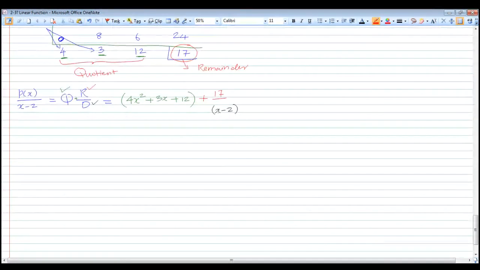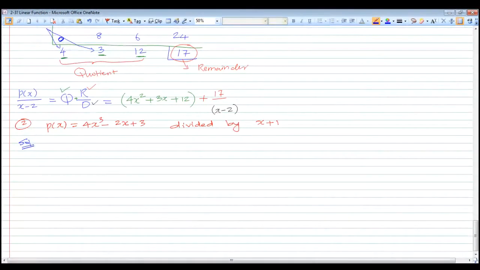Second, if the polynomial p of x is equal to 4x power 3 minus 2x plus 3, and it is divided by x plus 1. So what happened here? This is p of x.